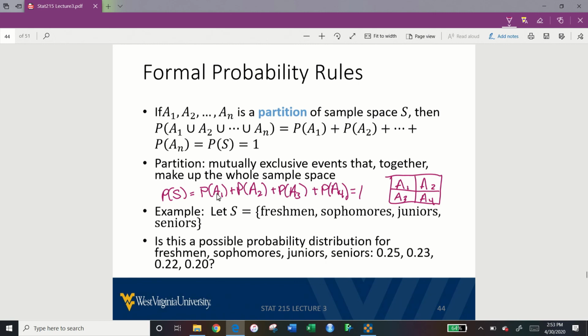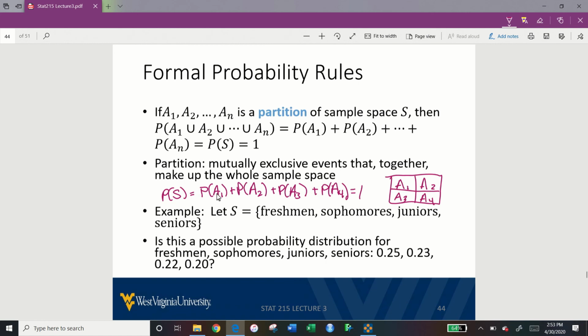Another example of this would be, let our sample space be equivalent to the freshmen, sophomores, juniors, and seniors of the undergraduate class. Is this a possible probability distribution for freshmen, sophomores, juniors, seniors? 0.25, 0.23, 0.22, and 0.20. Well, let's think about this. You are either a freshman, sophomore, junior, or senior, correct? So, if we add them all together, they should equal 1.